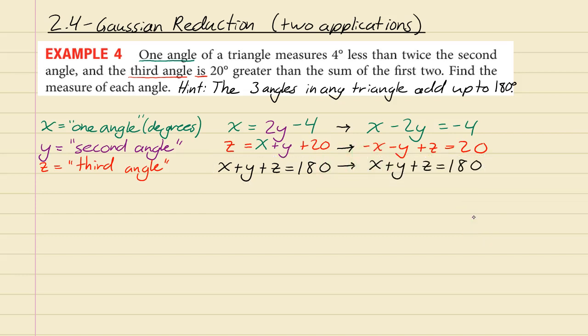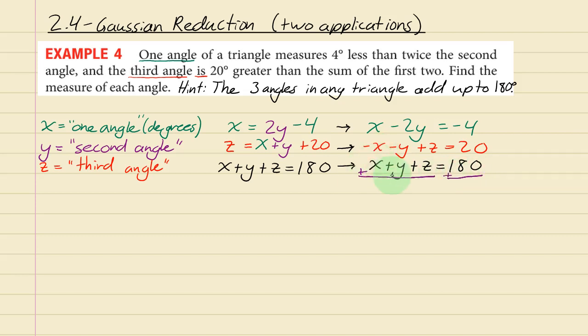Now we can use elimination, and there's a pretty straightforward way to eliminate here. Because this has a negative x and a negative y, it lines up nicely with this positive x and this positive y. We can eliminate both of these variables in one step with this orange equation plus the black equation.